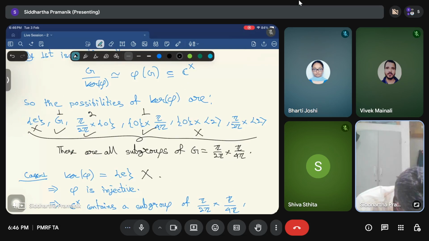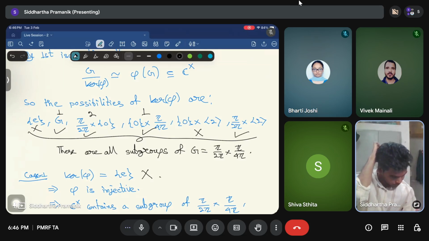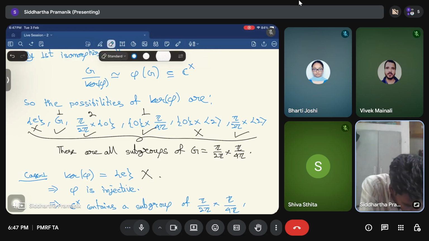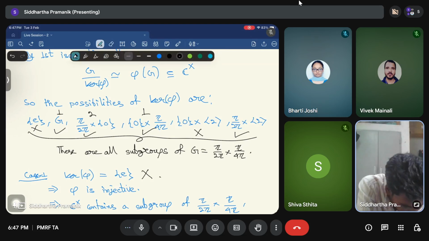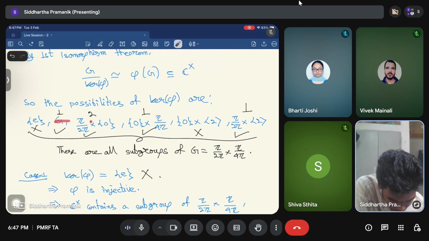And in this case, we will get a homomorphism, and that is only one. So if we count, then there are 5 homomorphisms.